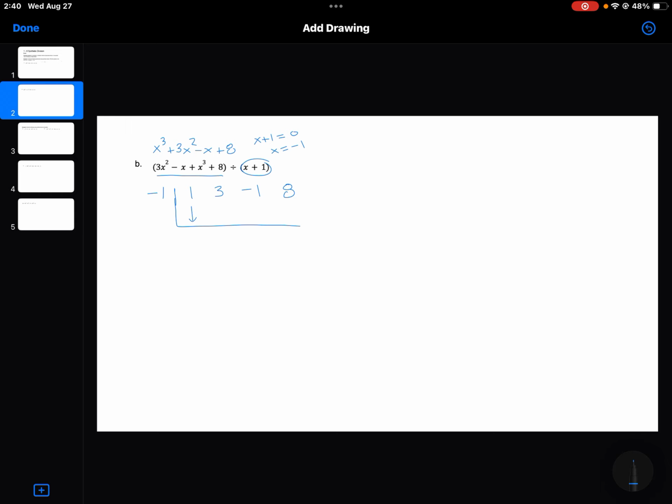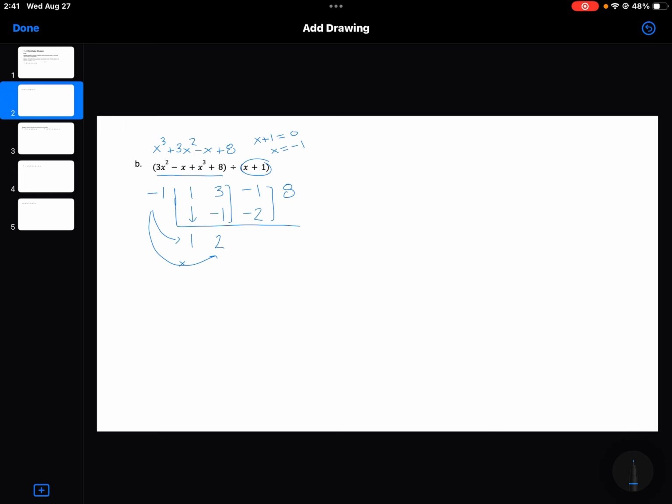First step is I'm going to bring down the first number. That is a freebie. And then I'm going to multiply by whatever's in front. So minus 1 times 1 is minus 1. And then I'm going to add those numbers in the column together. So 3 plus minus 1 is 2. Then I'm going to repeat. Minus 1 times 2 is minus 2.